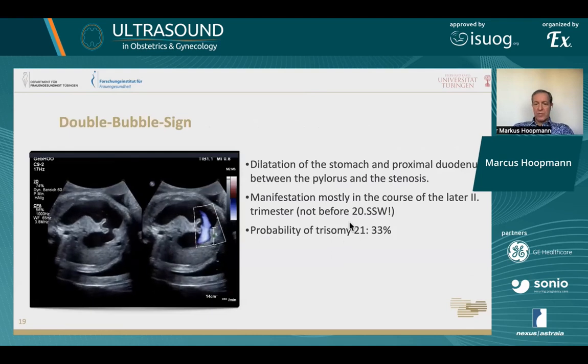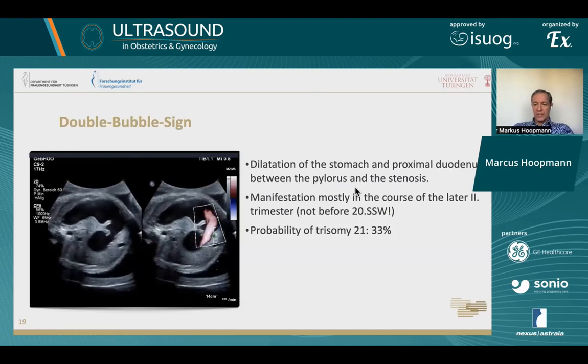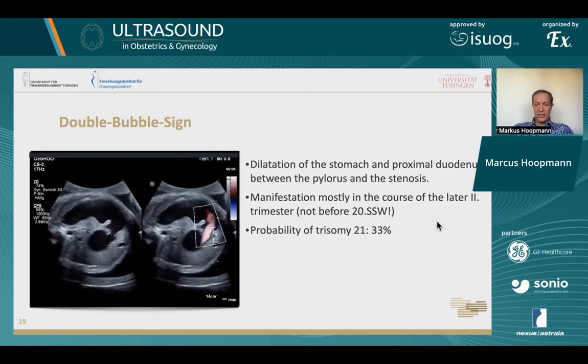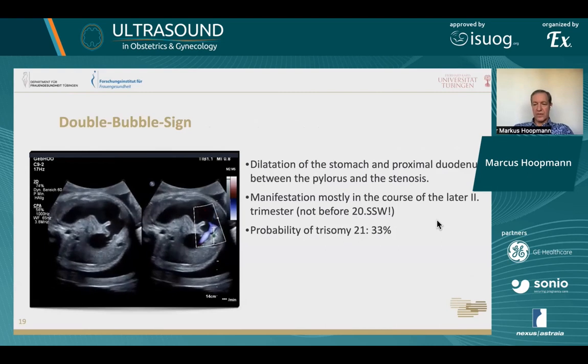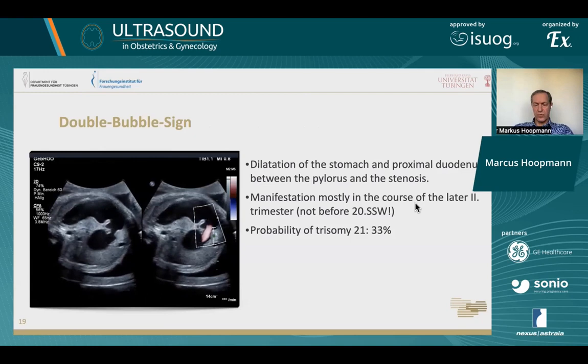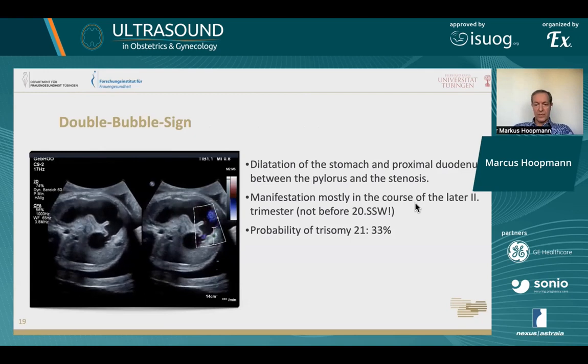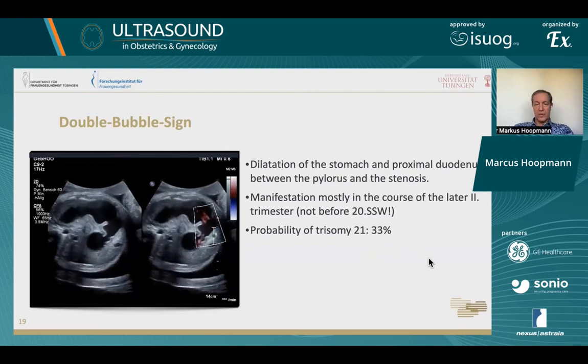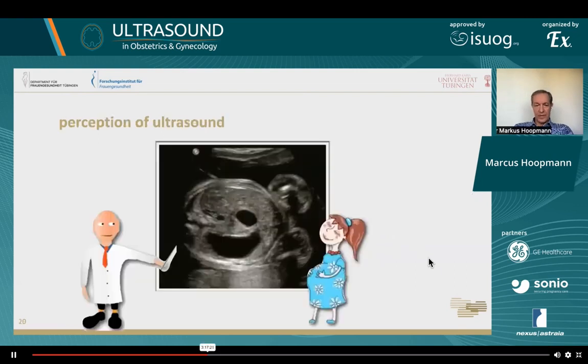And what we see in this double bubble sign is the dilatation of the stomach and the proximal duodenum between pylorus and stenosis. But be careful, the manifestation is mostly in the course of the second half of the pregnancy and only rarely before 20 weeks. So keep in mind the course of the pregnancy. But when you find it, the probability of a trisomy 21 is above 30%.